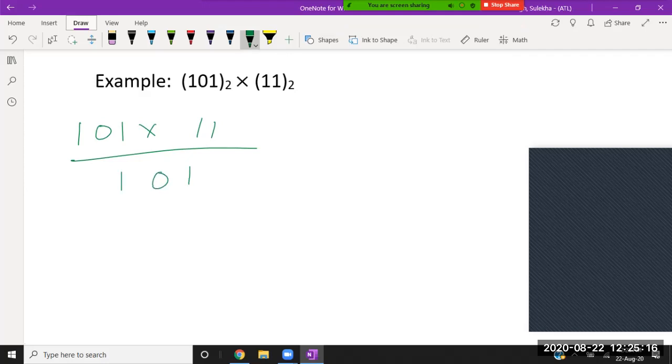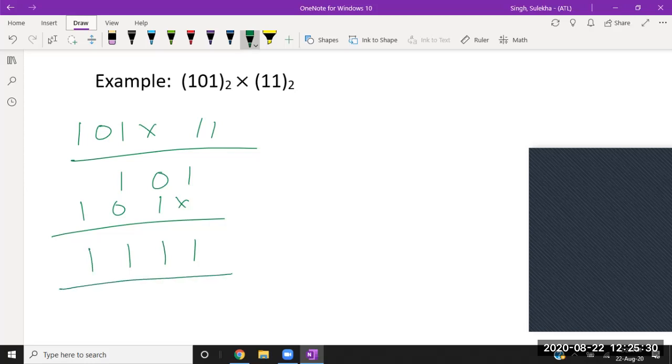Again leave one place, write the second multiplication, then add those multiplications. 1 plus nothing is 1, 0 plus 1 is 1, 1 plus 1 plus 0 is 1, and this 1 plus 1 is itself. So you are landing with this number, and this answer is in base 2.